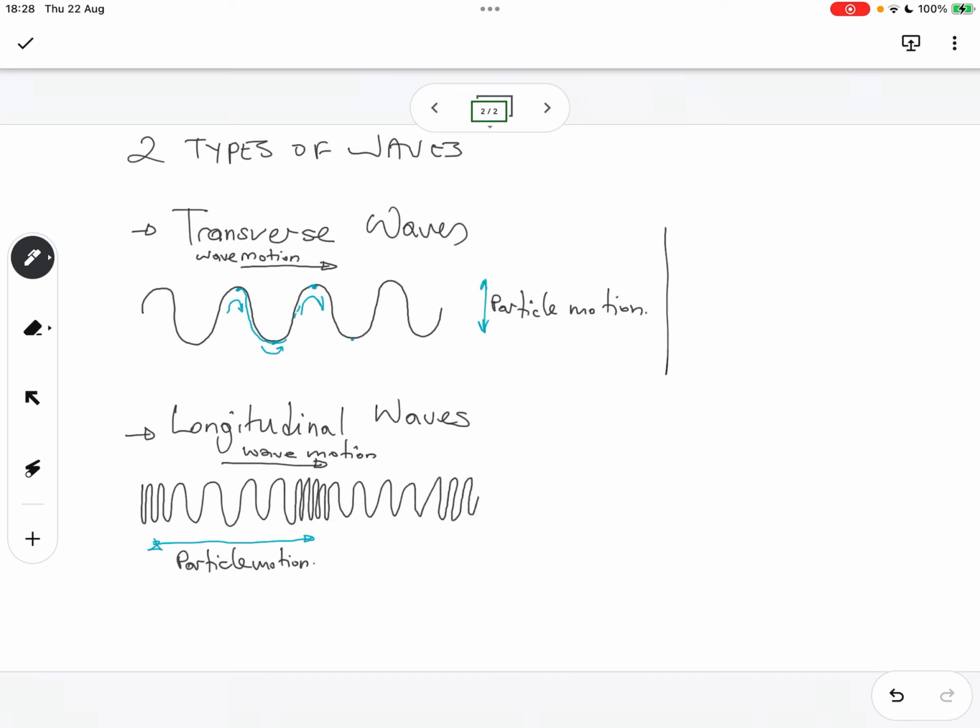Examples of transverse waves include water waves, so ripples. That's the obvious case. Then also electromagnetic waves, right?